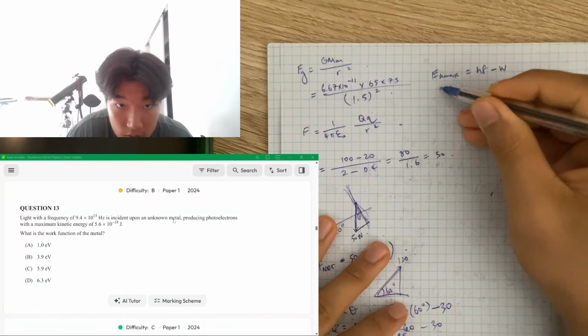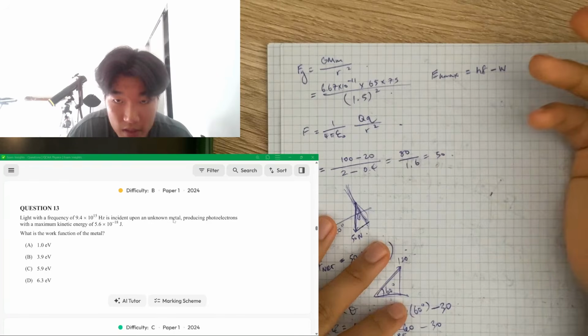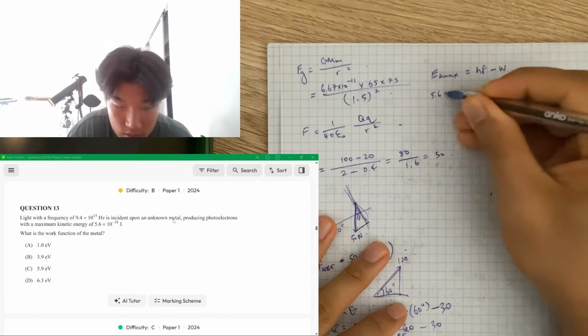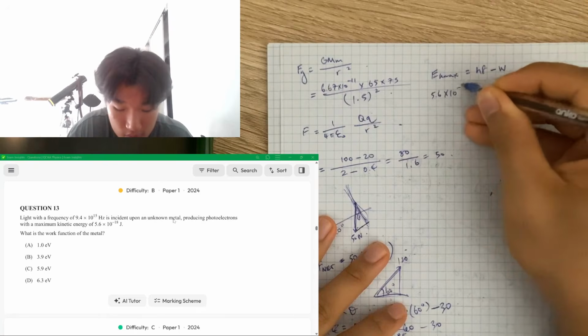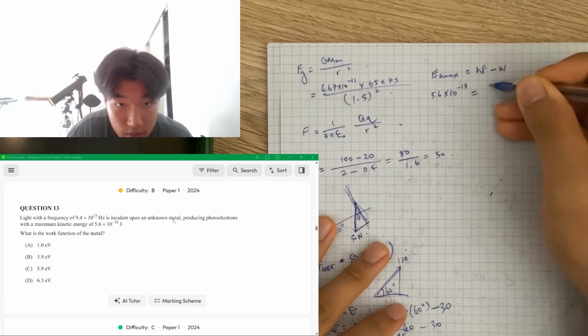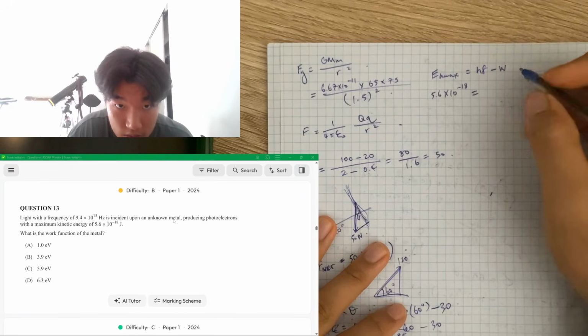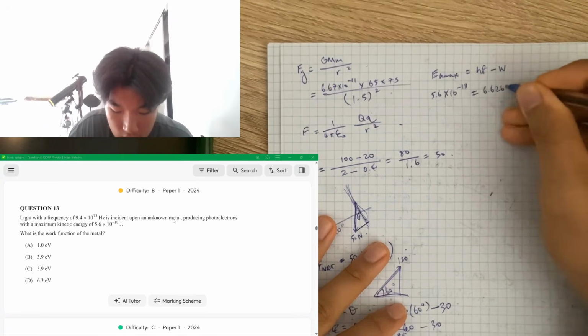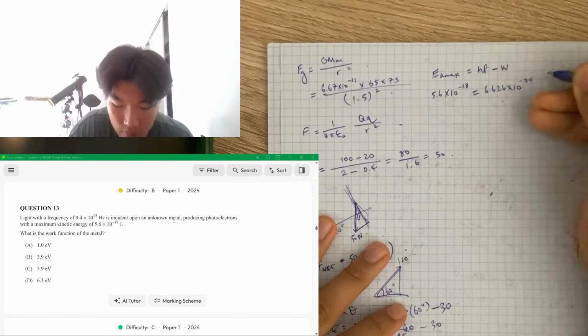We're given EK max, the maximum kinetic energy of the photoelectrons, which is 5.6 times 10 to the negative 18 joules. We know that the light has a frequency of 9.4 times 10 to the 15, and that Planck's constant is 6.626 times 10 to the negative 34.